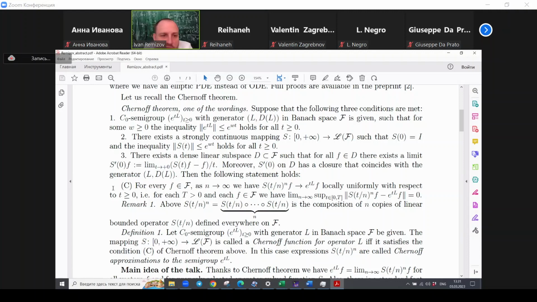Sometimes condition C alone is used to say that an operator valued function is a Chernoff function. Sometimes conditions 1 to 3 are used. The Chernoff theorem is not directly invertible, but close to invertible. So as for me, I select this one.